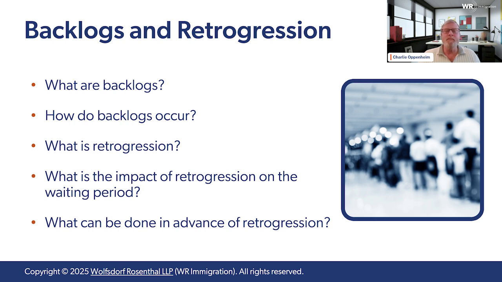Well, that may be fine, but by July, the category you're in, the final action date may have retrogressed. So although you could have received your visa in January or February or March, by July, when you rescheduled your appointment, the number is not available again, and it may be the next fiscal year before you can be processed. So again, unless it's an extreme emergency, I always advise people to use their originally scheduled interview.